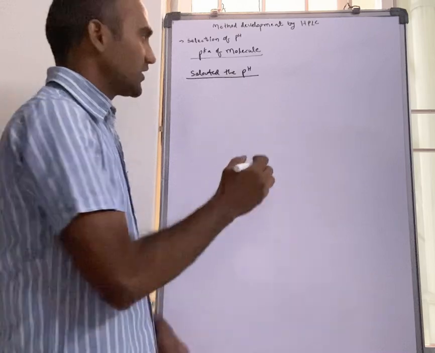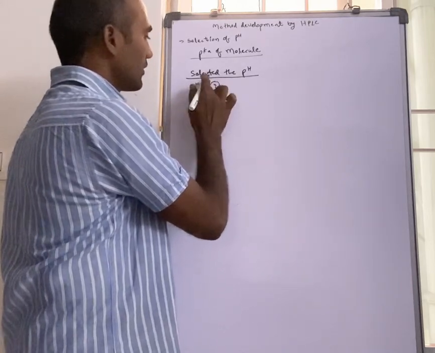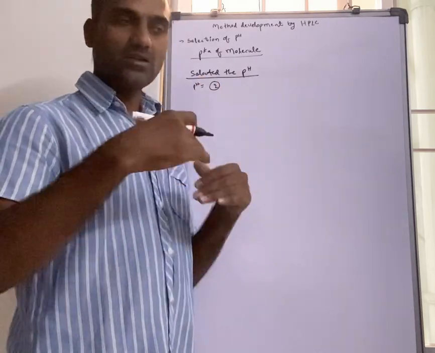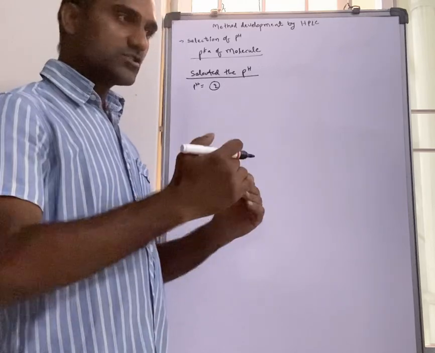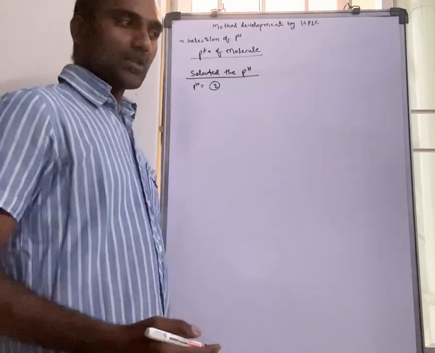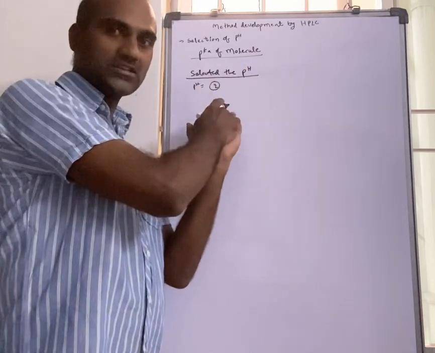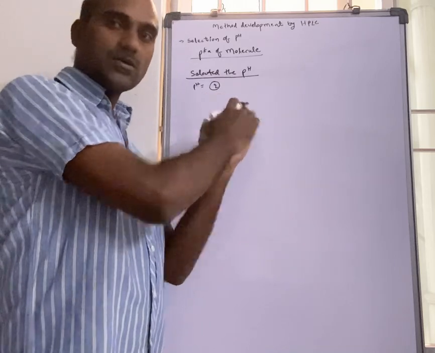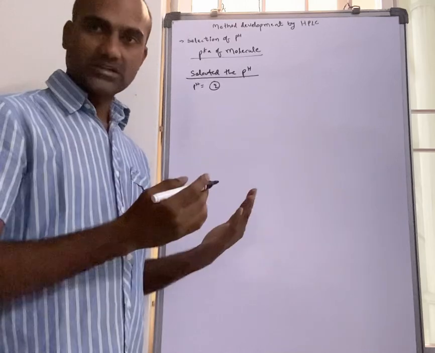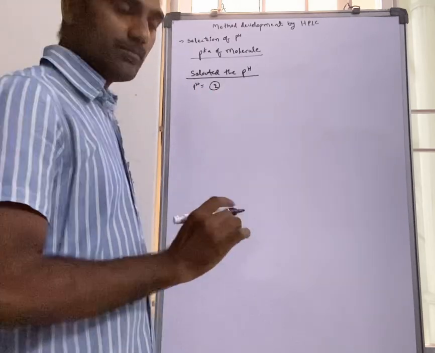So based on the pH, we have to select the buffer. Which buffer suits our selected pH? Based on the pKa of the molecules, we selected the pH of the mobile phase. Based on the selected pH, we select the buffer. Which buffer suits our selected pH? So this is how.